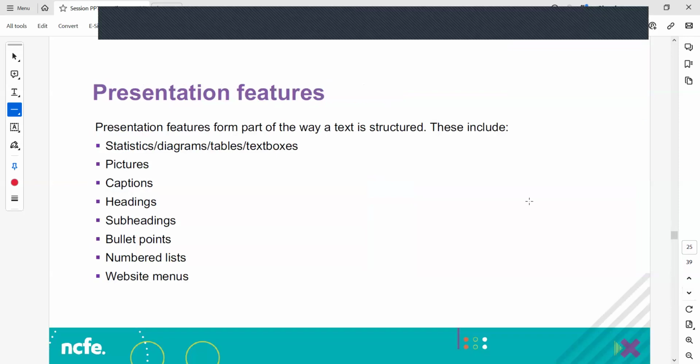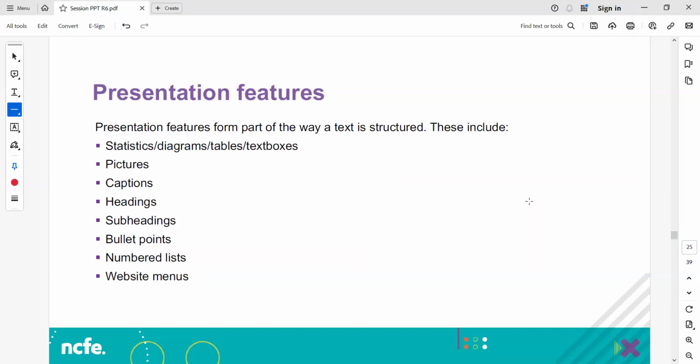So presentation features form part of the way text is structured, which includes statistics, diagrams, tables, and text boxes, pictures, captions, headings, subheadings, bullet points, numbered lists, and website menus.